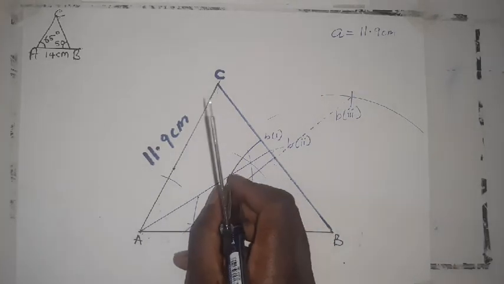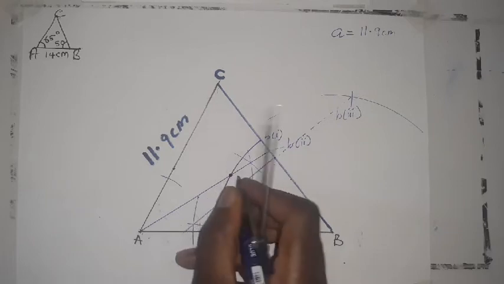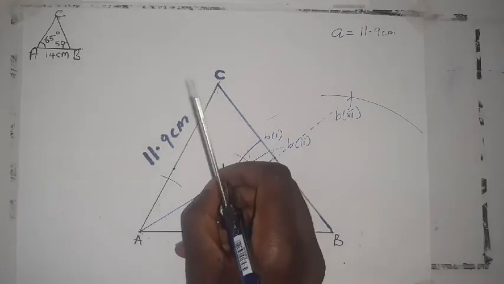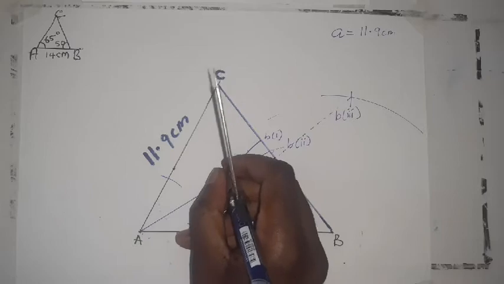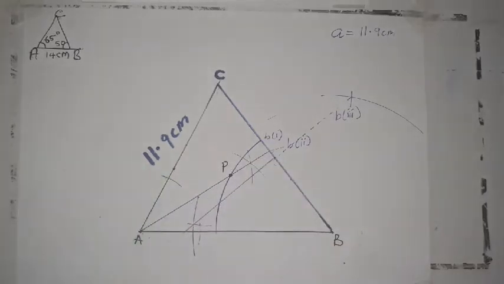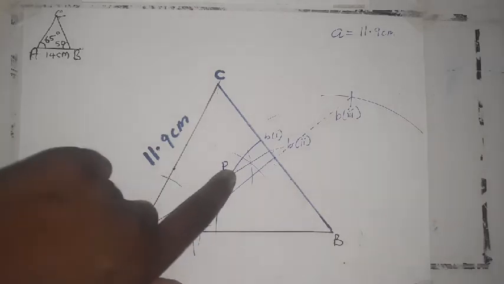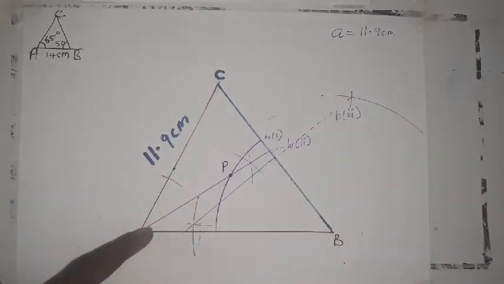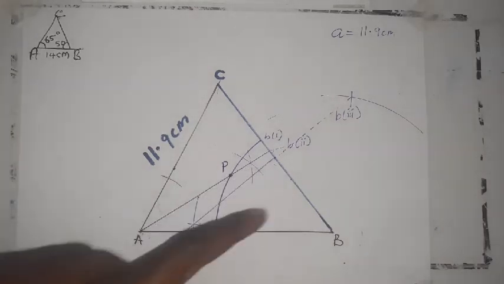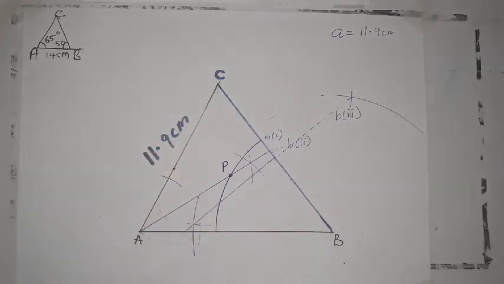It's this point here. So this is the point that we are going to call P. Where the two meet, the 8.5 centimeter from B, and this other one that talks about equidistance from AB and AC. That is very important. I hope that is what we are doing.